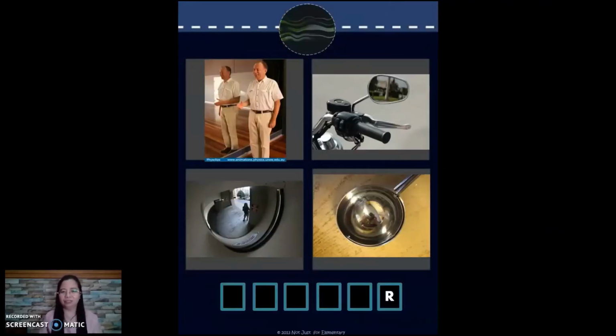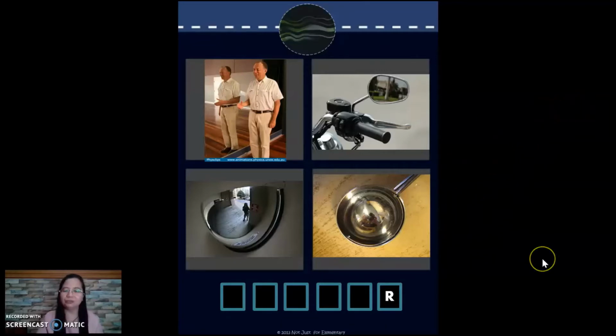Let's start. The first 4 pictures. Look at each picture here. What do you think is the common word, the common thing among these pictures? You have the letter R as the hint. Try to guess that word.